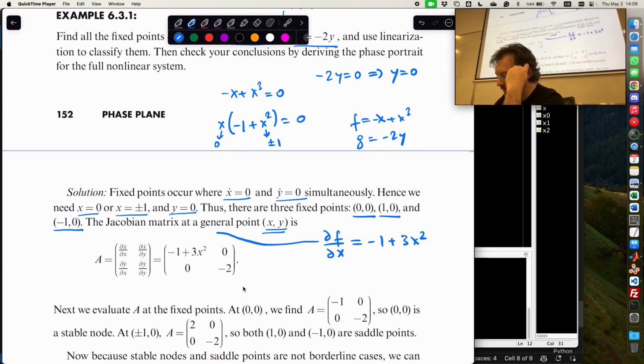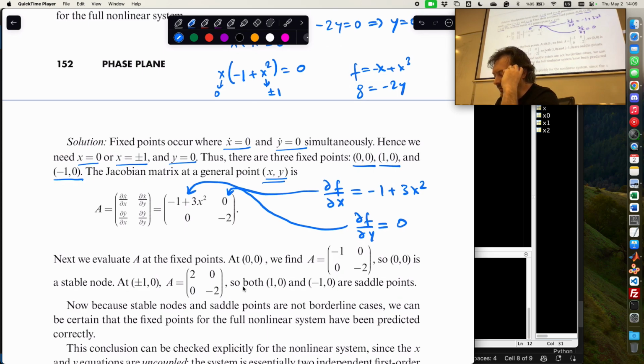That's written here. Del f over del y is 0. It's written here, etc. You understand it, right? So now, for example, at (0, 0), the Jacobian is this. So where are we with this Jacobian?